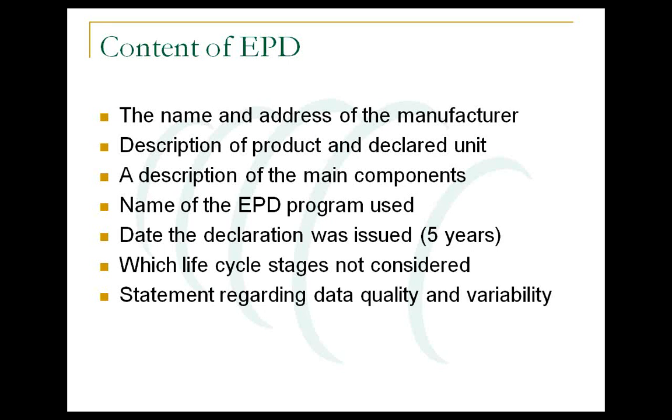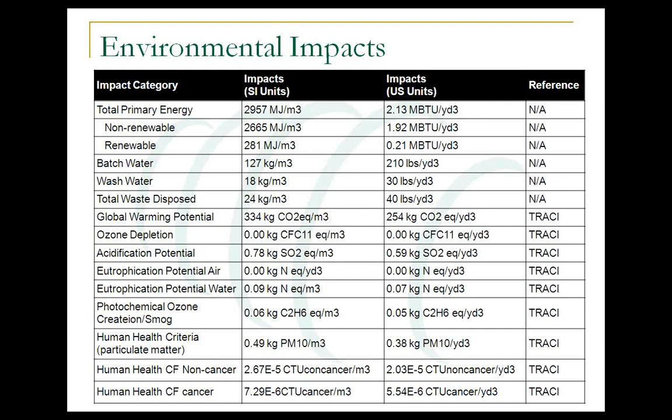So you might have 3 different cement manufacturers supplying cement to you, and each one of those cements has a different impact profile. You would have to make some assumptions about percentages of each one of those cements that you use in concrete on average, but because you're using an average, there's going to be some variability, and you have to make that statement in the EPD.